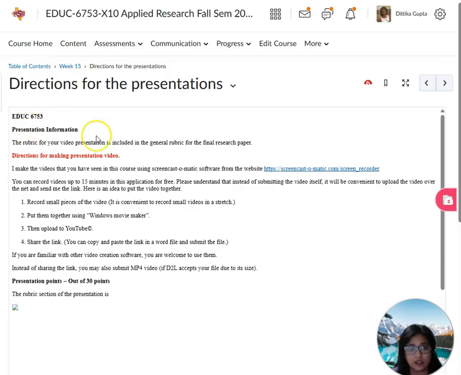So here are your directions for it. I use Screencast-O-Matic, which has recently changed its name to ScreenPal, but Screencast-O-Matic also works. It gives you up to 15 minutes of free recording. If it is more than 15 minutes, I use Movie Maker to combine the different sections together.